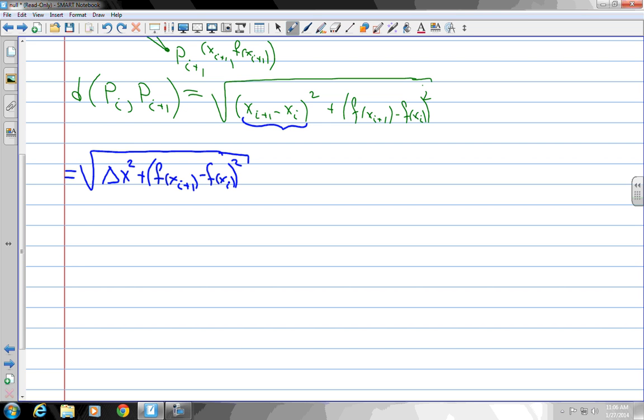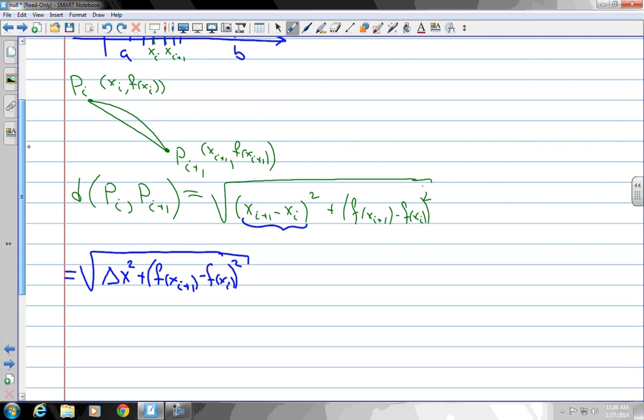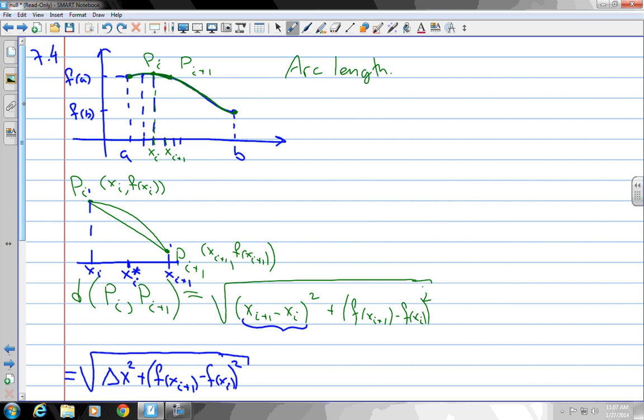Now, my claim is that on this interval, between x sub i and x sub i plus 1, I will be able to find a point. Let's call that point x sub i star. By the way, the function should be differentiable, one of those smooth, pretty curves for now.